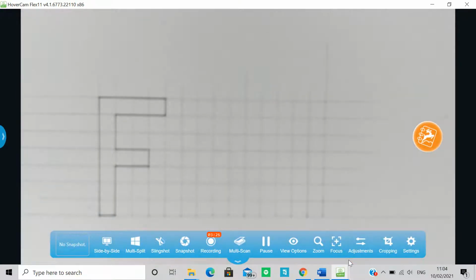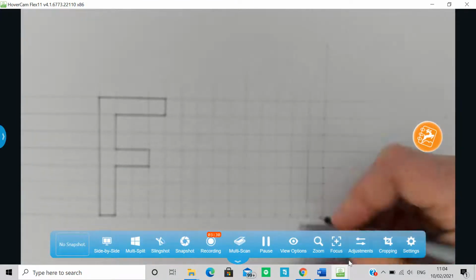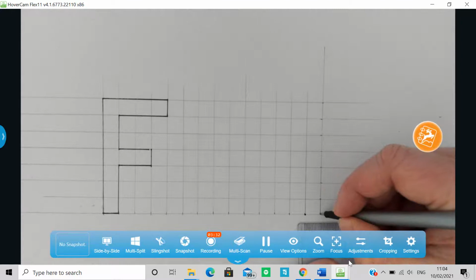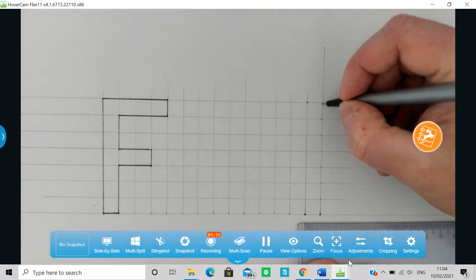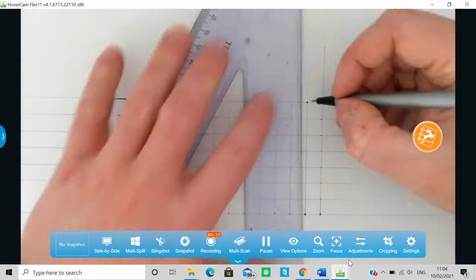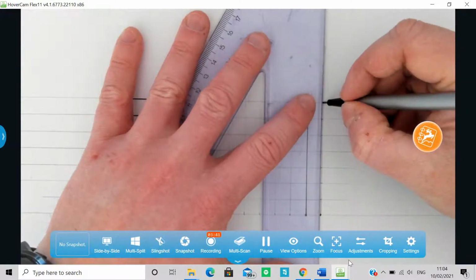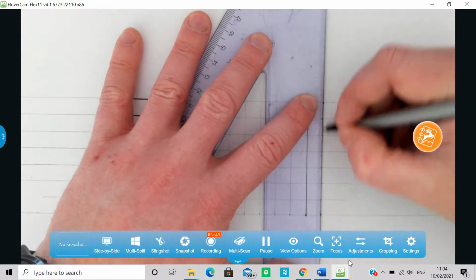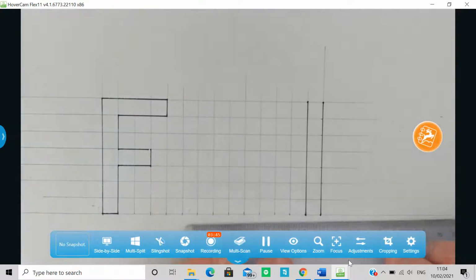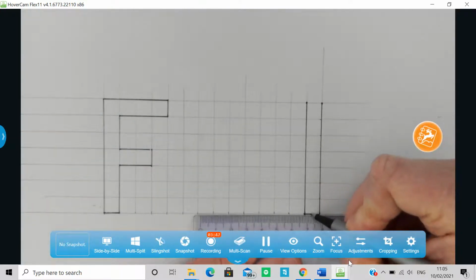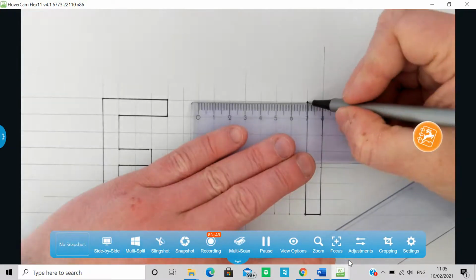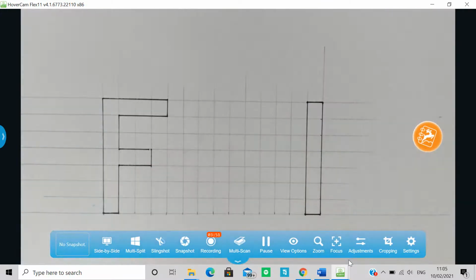So there's my letter F. I'm going to skip the A for a minute because it's probably the hardest of the 3 letters, and I'm going to do a nice easy one, I. There's the I done, and now last one I'm going to do is A.